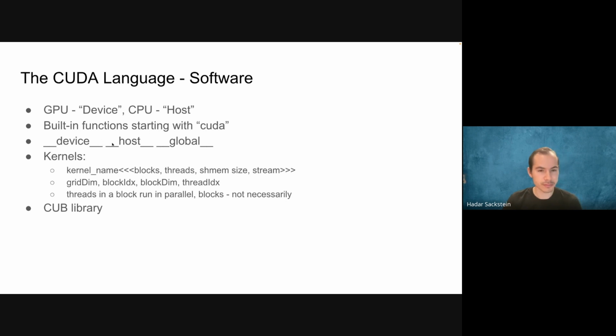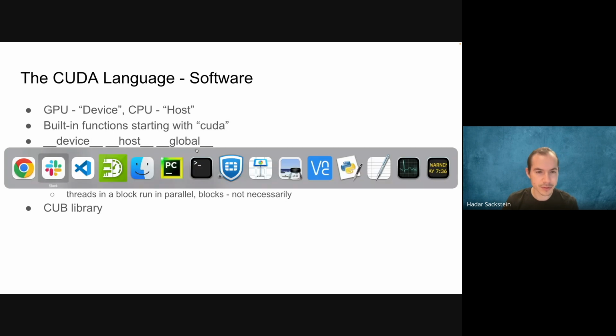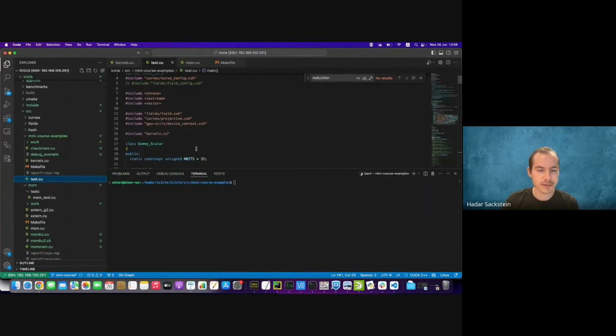I'll show you some examples. Also, we have __device__, __host__, and __global__ to mention if it's a function that will run on the host, on the device, or globally on the device. So I have some examples.